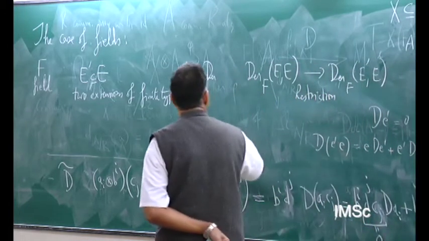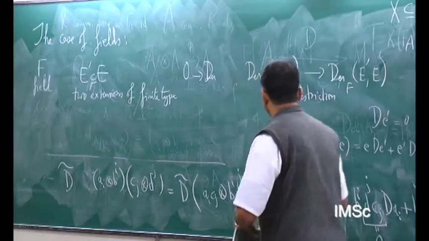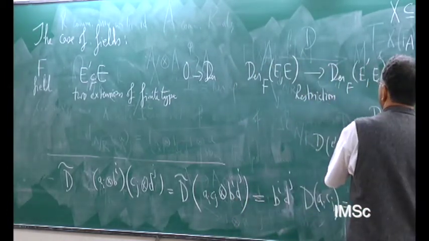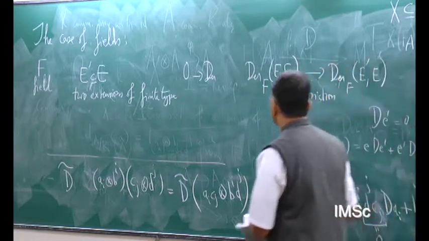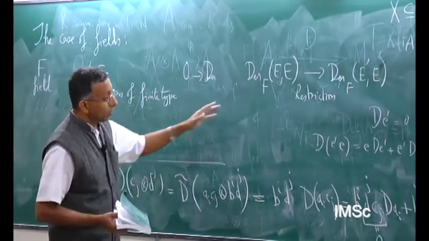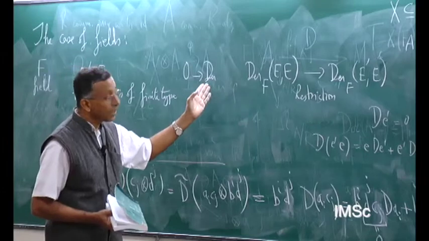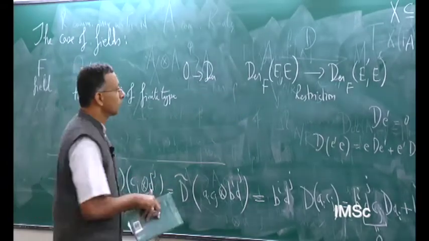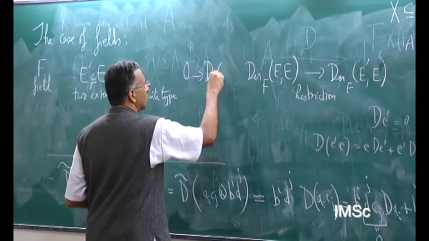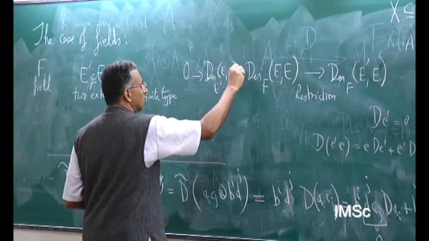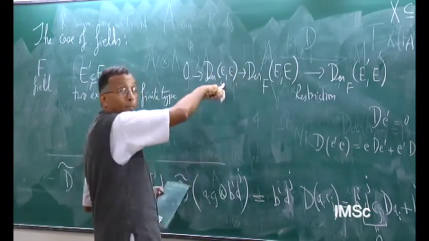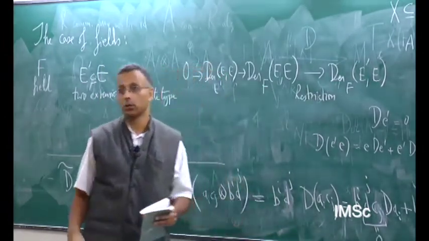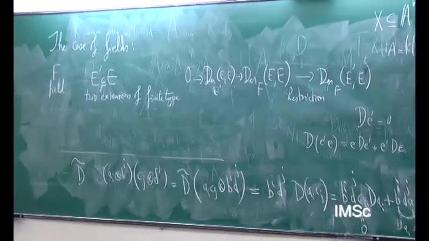And conversely as well, right? If it is E prime linear, it's going to be an E prime derivation from E to E. So if it goes to 0, then it's an E prime derivation, and if it is an E prime derivation, surely it goes to 0. So this is the exact sequence that we have.